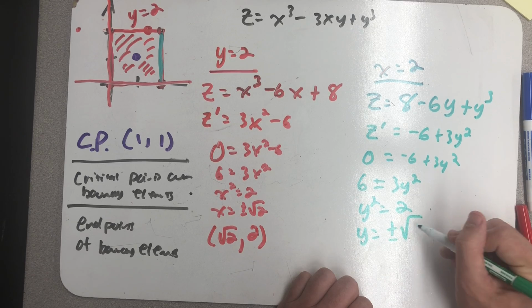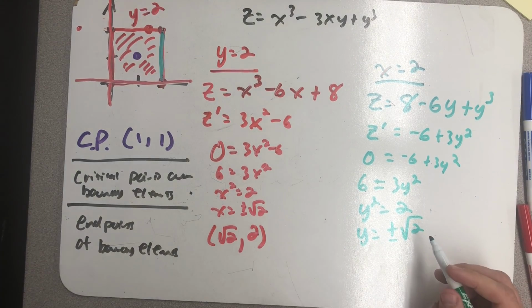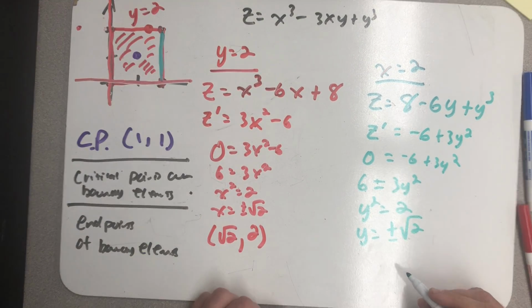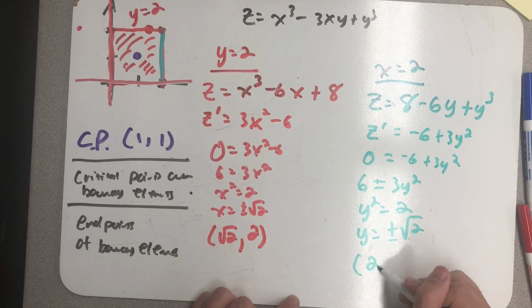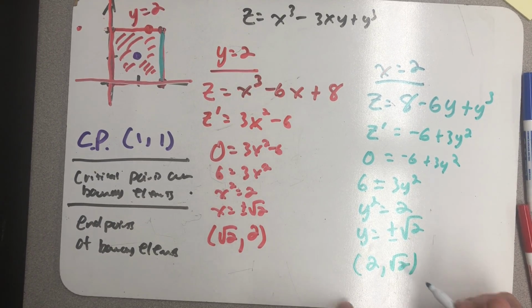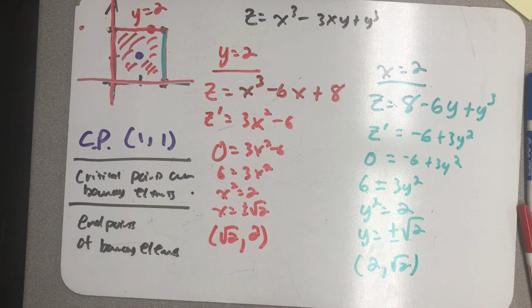And again, y is plus or minus root 2, but I can get rid of the minus because all of my y's are bigger than 0. And so x is 2 and y is root 2, so I'll need to add those to my table.